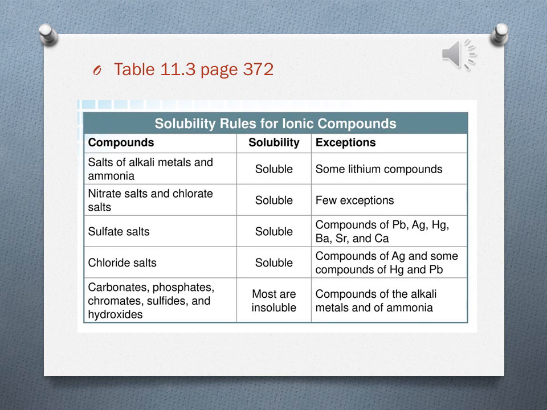Sulfate salts are soluble, exceptions for compounds of lead, silver, mercury, barium, strontium and calcium. Chloride salts are soluble, exception compounds of Ag and some compounds of Hg and Pb. Carbonates, phosphates, chromates, sulfides and hydroxides most are insoluble, exception compounds of the alkali metals and of ammonia.